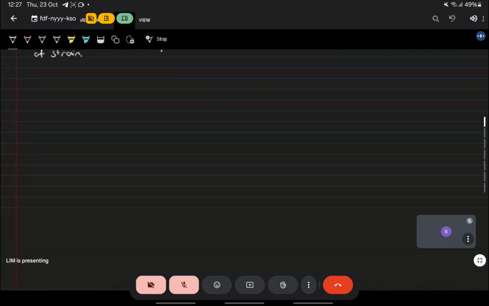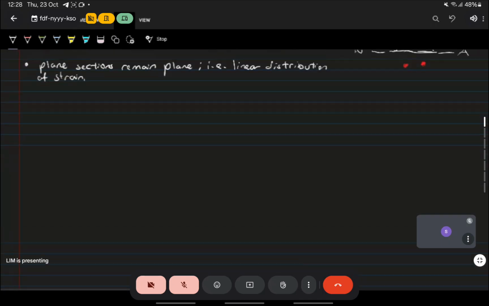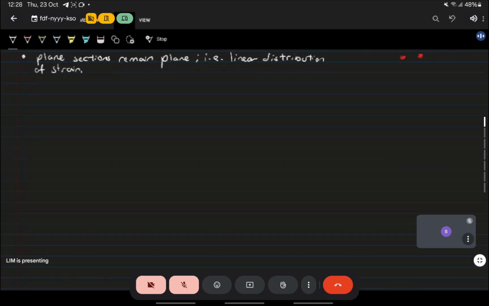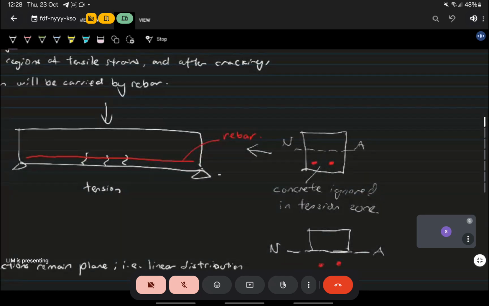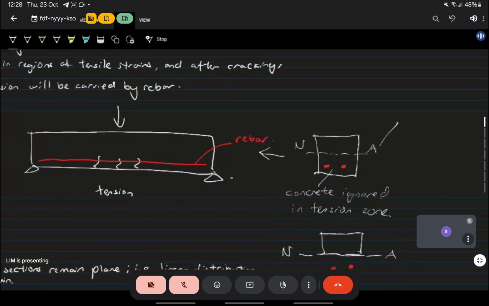Next we talk about the stress block. Before I talk about the stress block, I just want to ask a question. Everyone, do you know what a neutral axis is? I just want to make sure you know what the neutral axis is before I go too far.